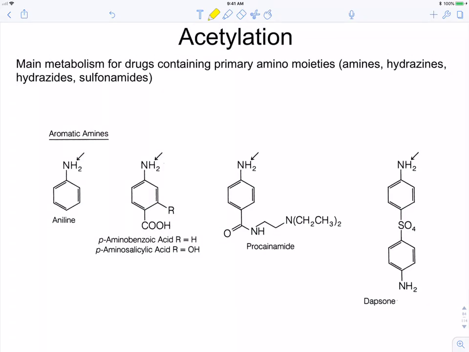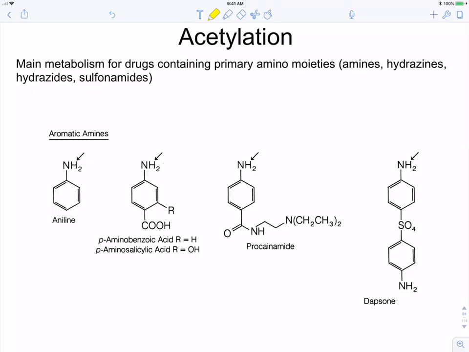Another important phase 2 metabolic process is acetylation. This is the main metabolism for drugs that contain primary amine moieties, and the acetyl group is transferred with assistance by acetyl coenzyme A. It doesn't augment water solubility per se, but basically functions to terminate action, to cap molecular groups.